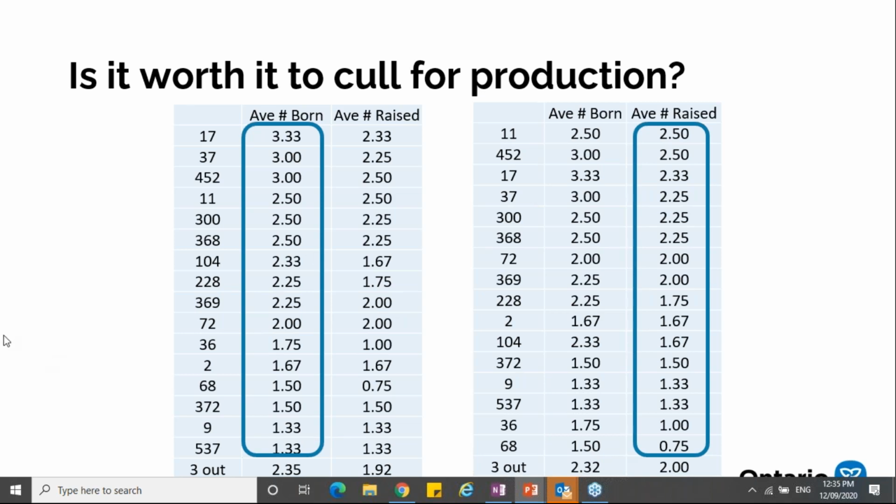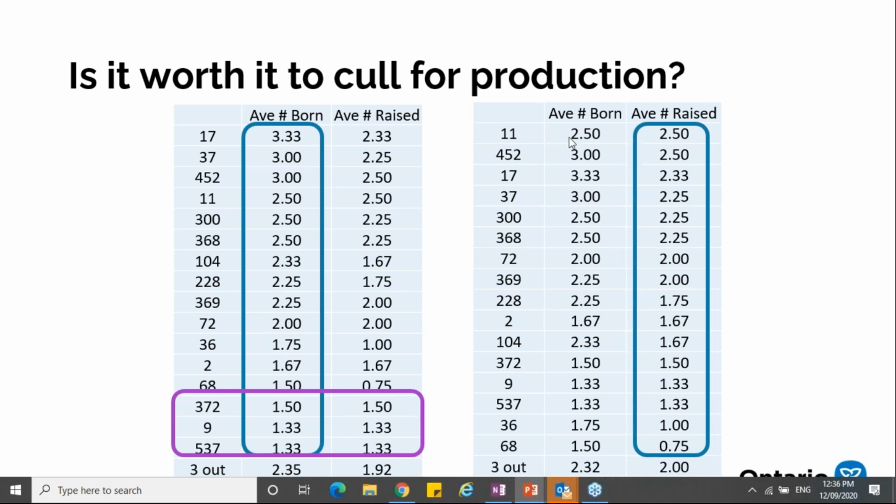Let's say that last year we culled the bottom 3 ewes. If I culled the bottom 3 based on average number born, it would be these 3 ewes here. Then the remaining 13 ewes would have an average of 2.35 born and 1.92 raised.